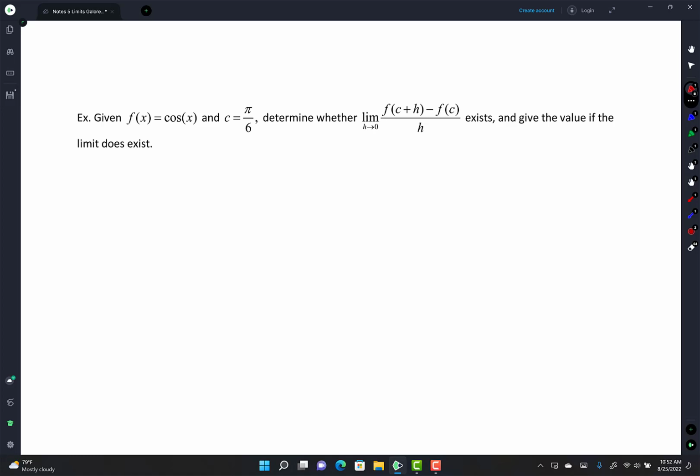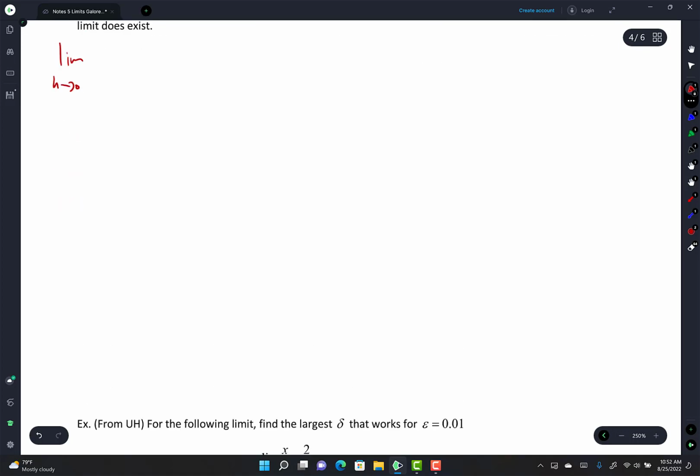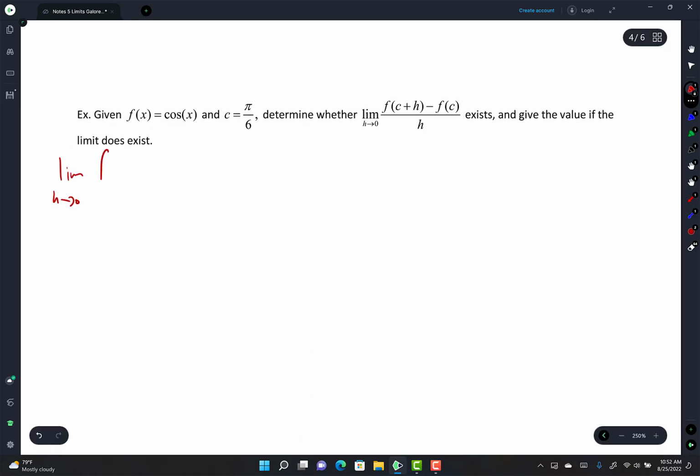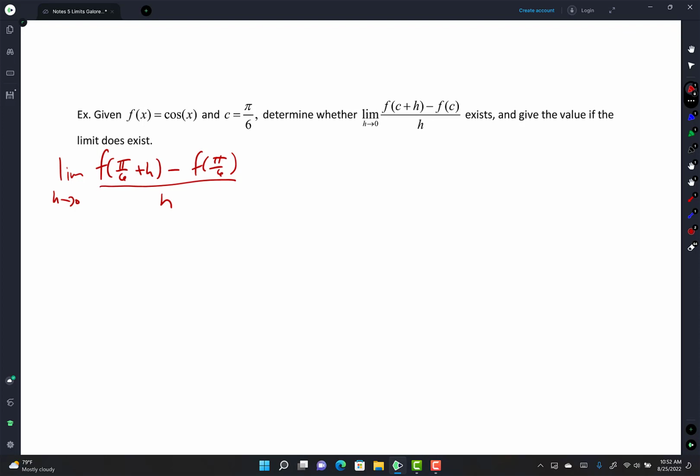Okay, so what do they want? They want this limit as h approaches 0 of f of pi over 6 plus h minus f of pi over 6 all over h. I'm going to have to write small, because it looks like it might be lengthy.